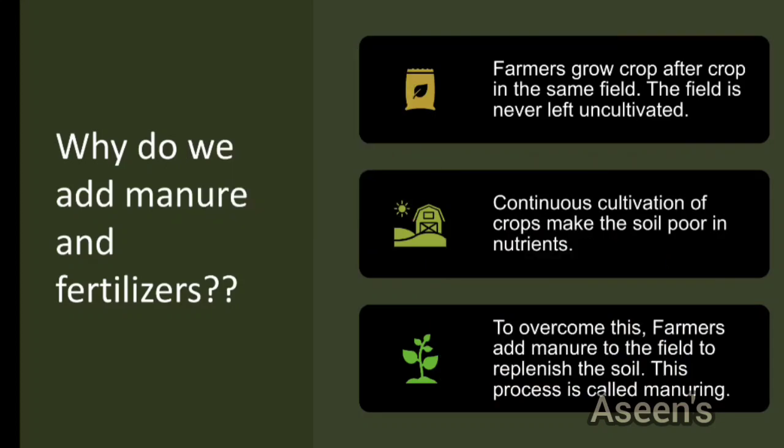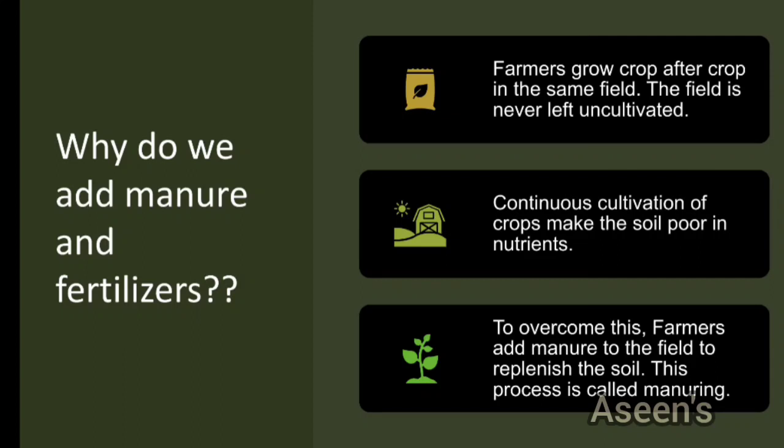Next point, continuous cultivation of crops makes the soil poor in nutrients. Since we are continuously growing the crops one after the other, the soil does not get the time or the necessary nutrients required to replenish on its own.